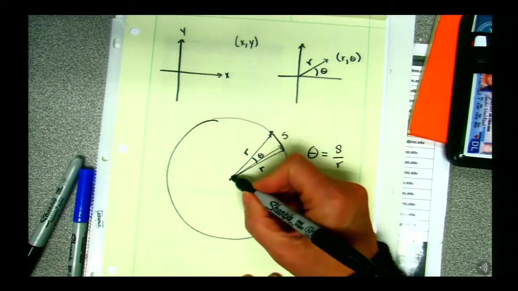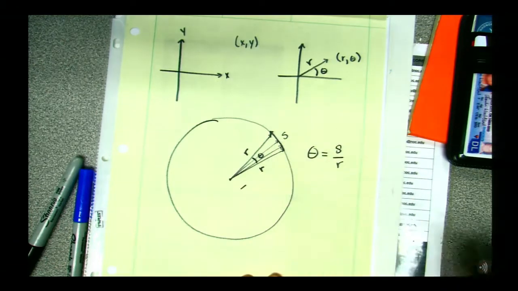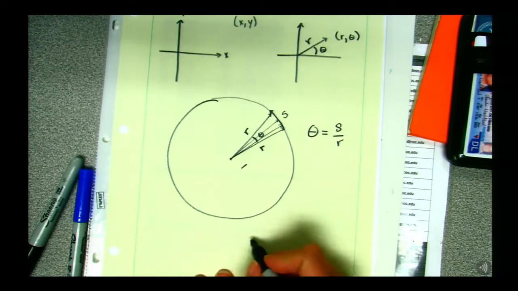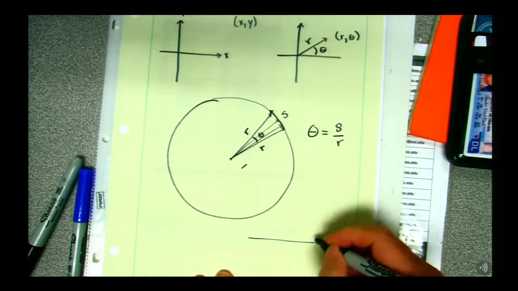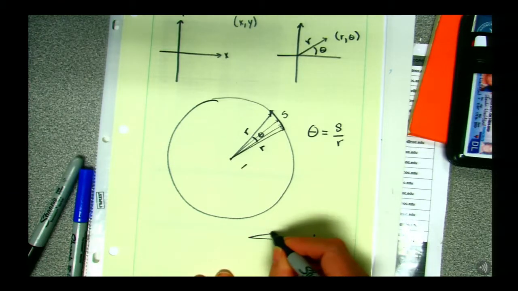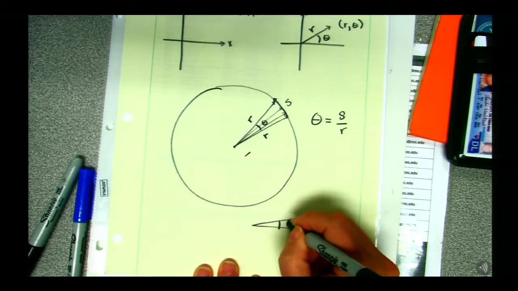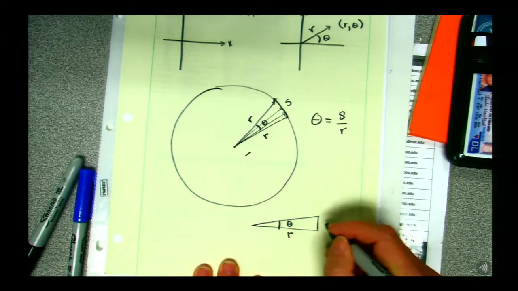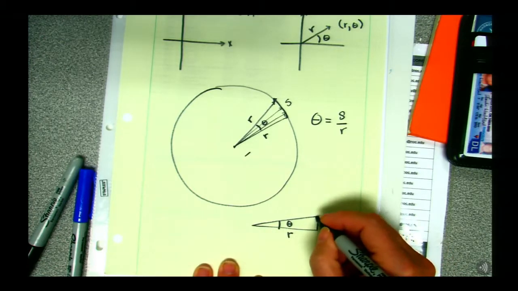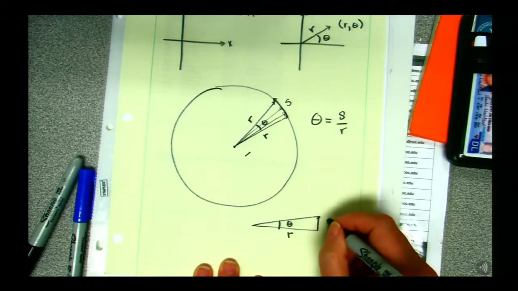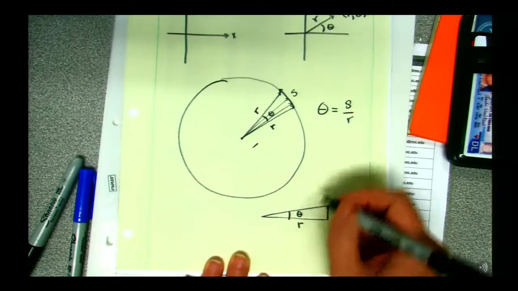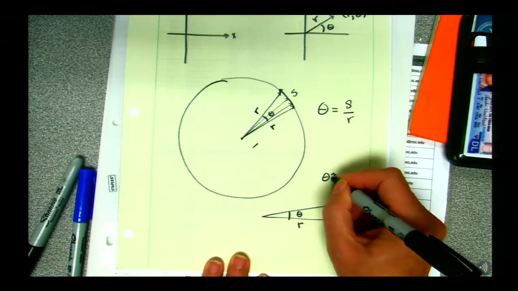If I look at my triangle like this, there's my angle. This is R. This right here is the distance that we're talking about, and that's S. As long as my angle is small, that works.